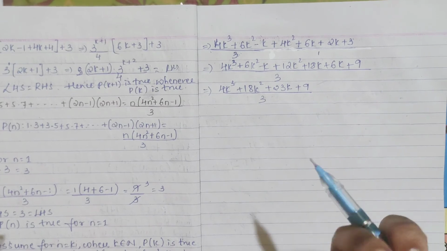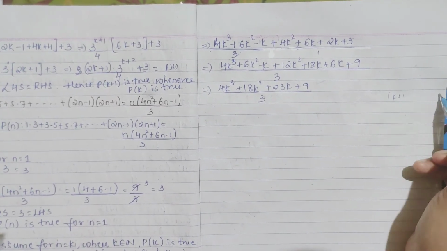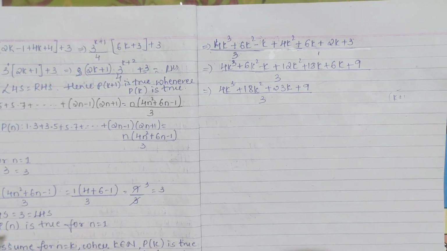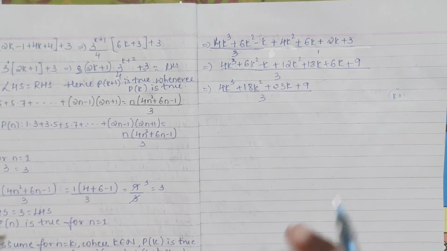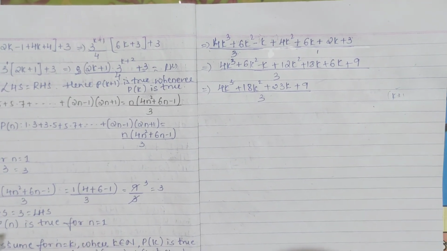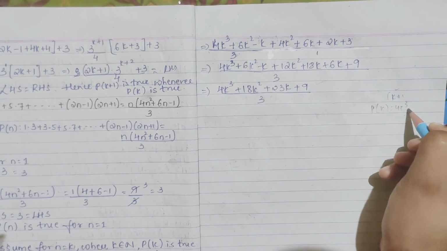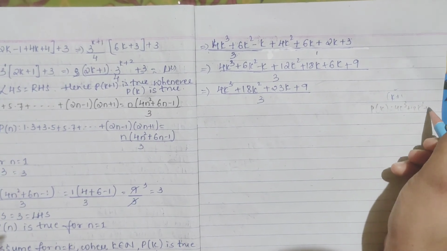So obviously we can take help of our RHS. In that RHS you have k plus 1, so directly we can understand k plus 1 is a factor. If you don't understand, then as I have said, P of k is 4k cube plus 18k square plus 23k plus 9.